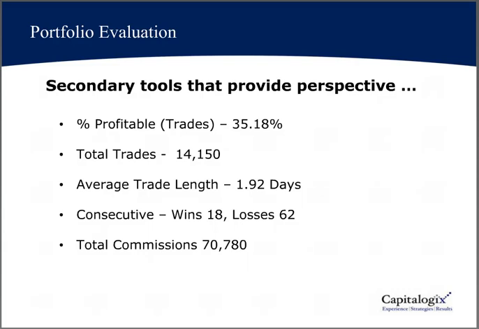So the average length in this case, we'll call it 2 days. But for RBOB, it's 18 hours. For gold, it's 2.5 days. For the 10 years, it's 11 days. And for euro, it's almost 4 days.